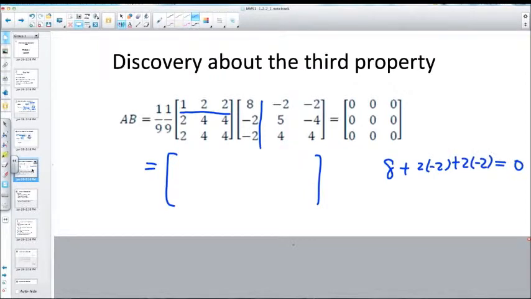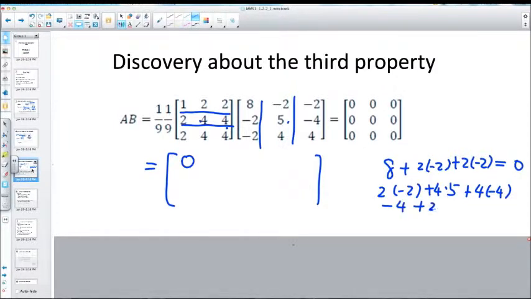That's 0. Let me go to the second row, second column. That will be 2 times -2 plus 4 times 5 plus 4 times -4, which is -4 plus 20 minus 16. Again, you get a 0. So is this.